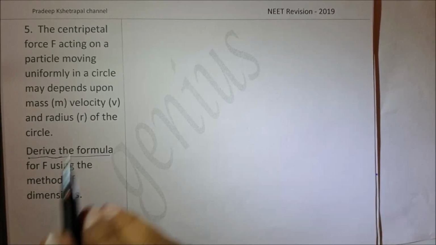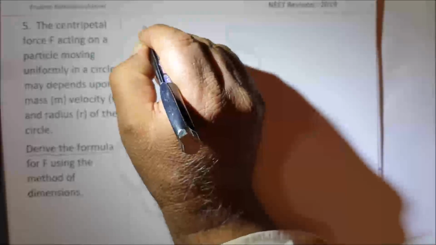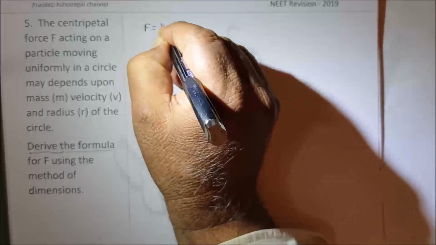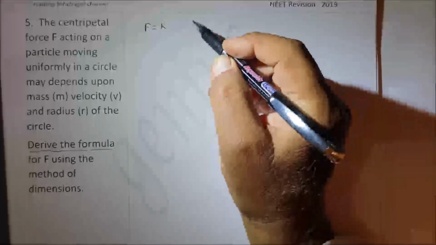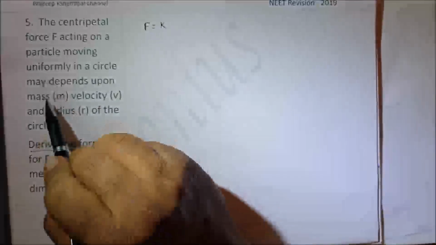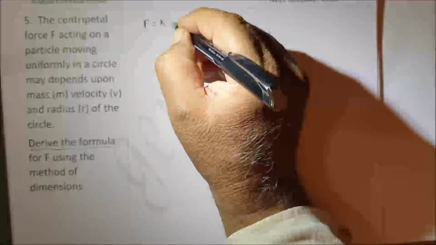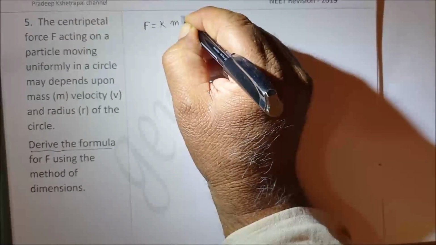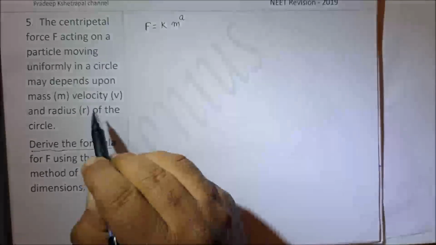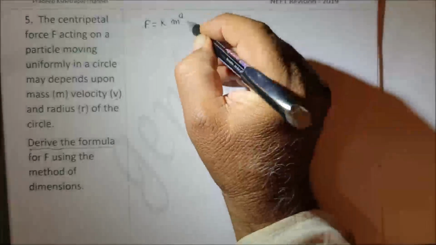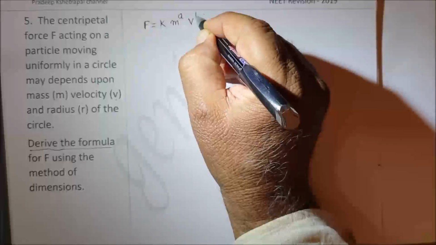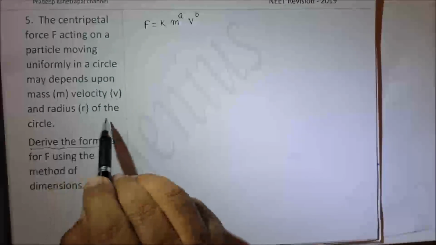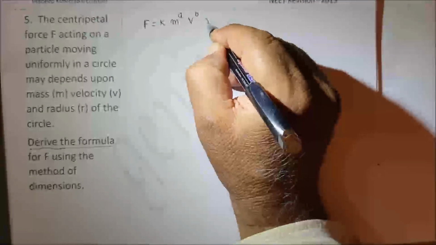Method of dimensions. We start. Which is the quantity? Force. So we write here force is equal to a constant. It depends upon which quantities? It depends upon mass m, power we don't know, so we write it a, depends upon velocity, so we write here v, unknown power b, and radius of the circle, that is r, unknown power c.